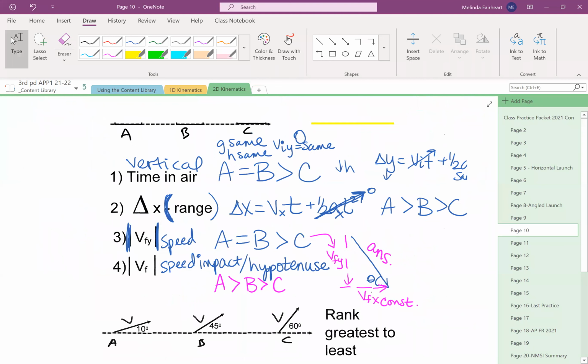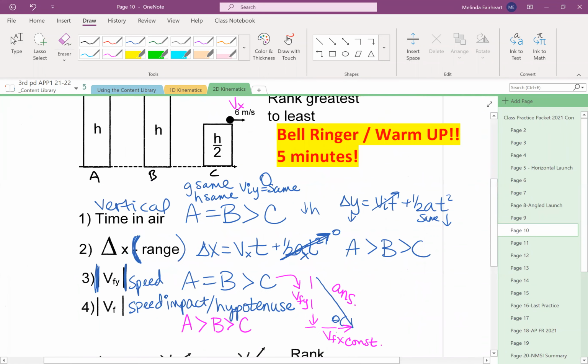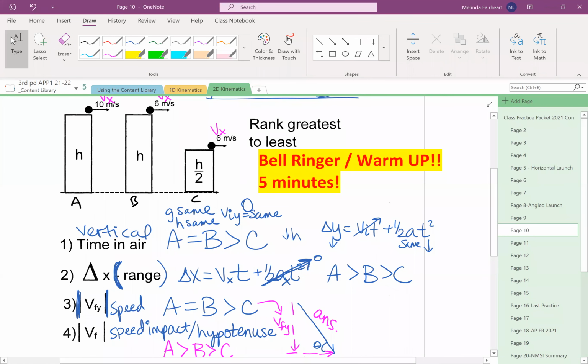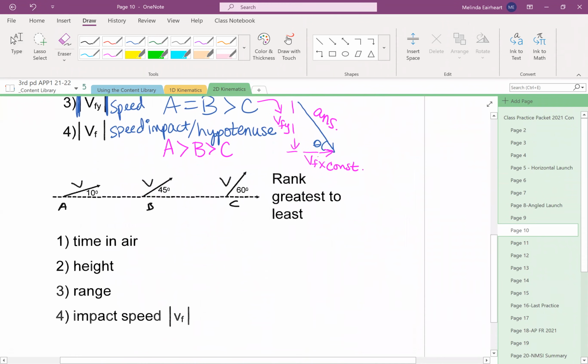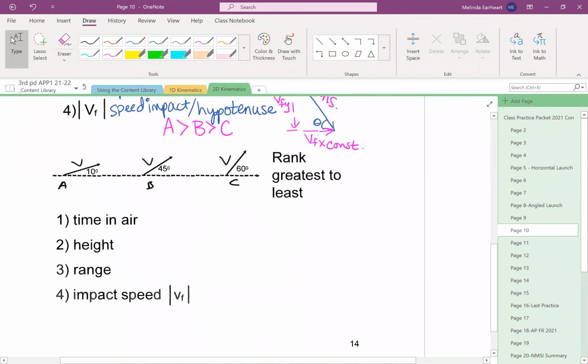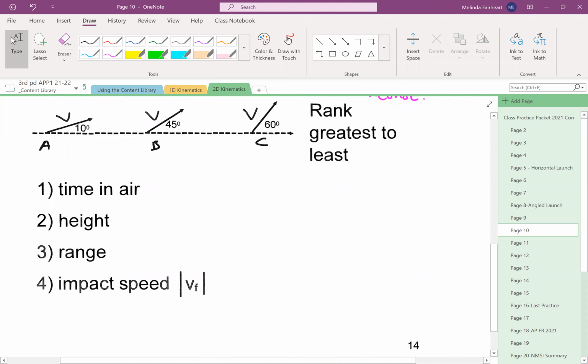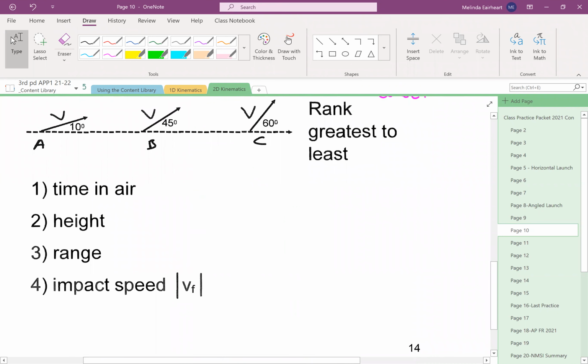Okay, so that's horizontal launch. And while we're here, let's go ahead and do our first or second. I think we had started an angle launch with the baseball problem. We'll go back to it, but let's start with this one. We'll do this one together. So at the bottom of page 10 there, we've got 3 balls, objects.